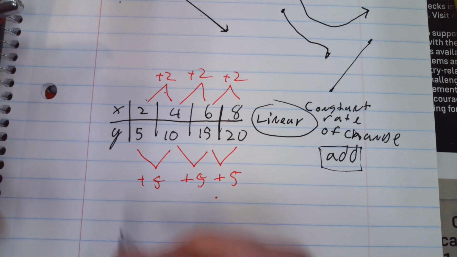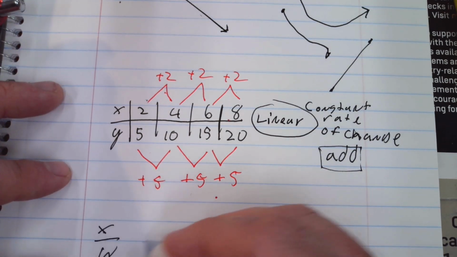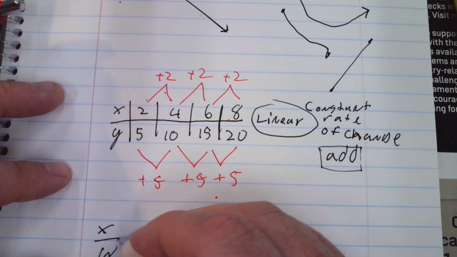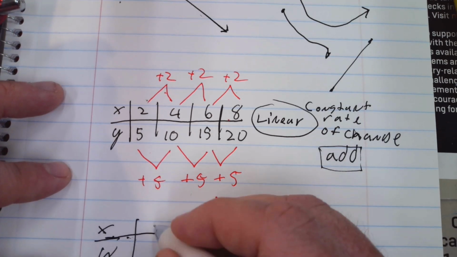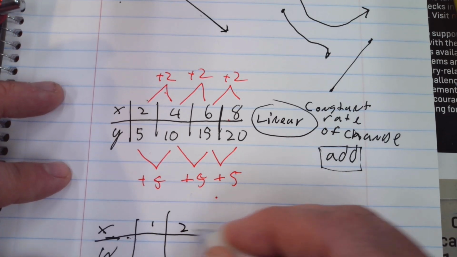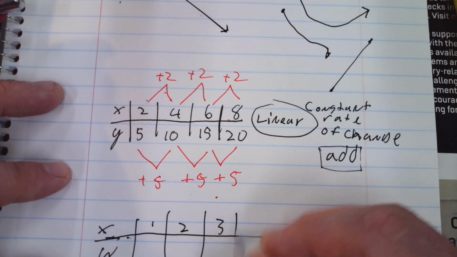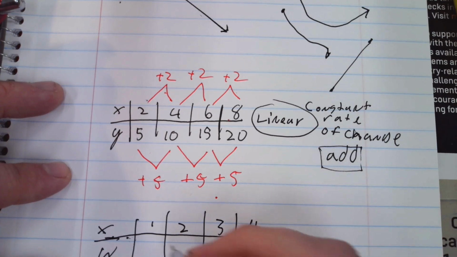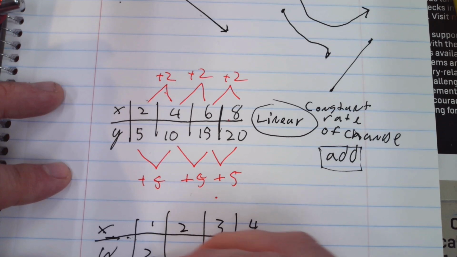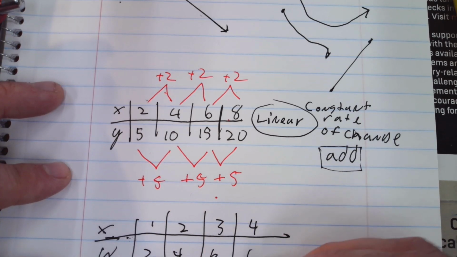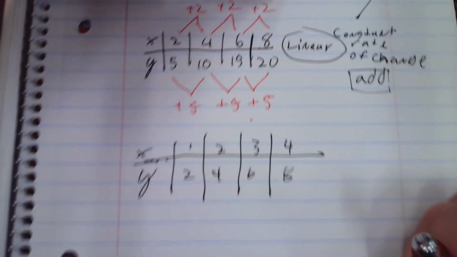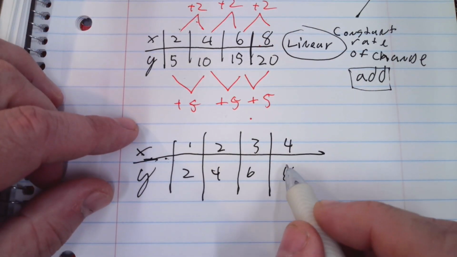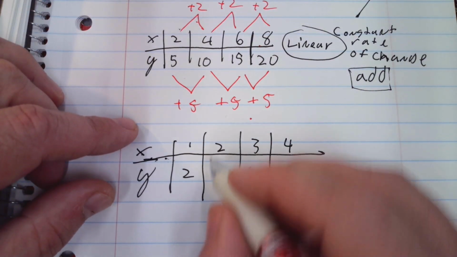Okay. Let's look at this next one. I can make this a little bit hard, but again, if it looks weird, it's probably not linear. Let's look at the top here. 1, 2, 3, 4. This one's easy, right?